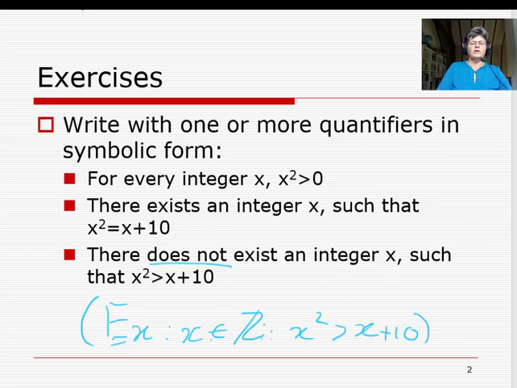So the only thing you need to do is put a not in front of it. So it's not so that we can find an x in such a way that x squared is larger than x plus 10.